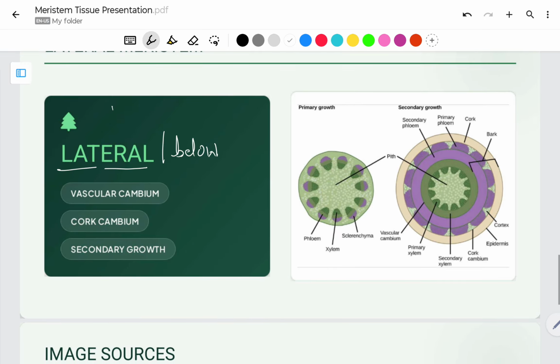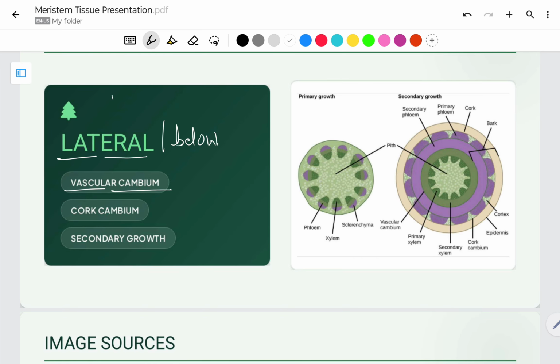What is its function? Its major function is to increase the diameter of the plant. It occurs in the vascular cambium and cork cambium, causing secondary growth. Secondary growth means they increase the thickness of the plant.